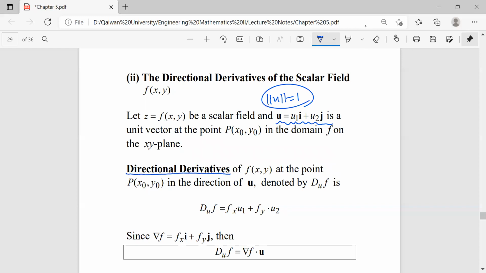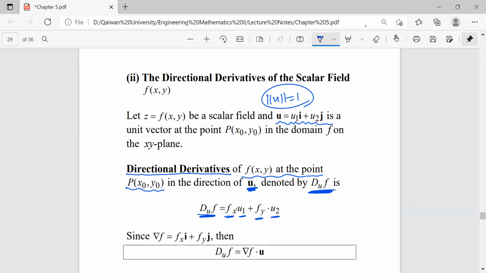We have directional derivatives. The directional derivative of f of xy at the point x0, y0 in the direction of the unit vector is denoted by duf, and duf equals f sub x multiplying by u1 plus f sub y multiplying by u2.